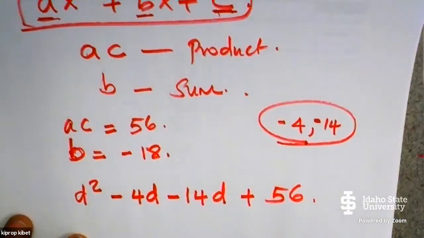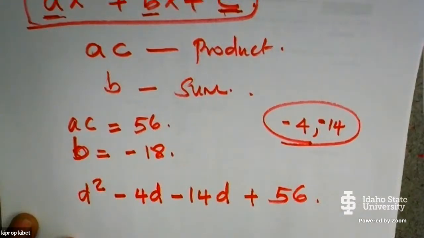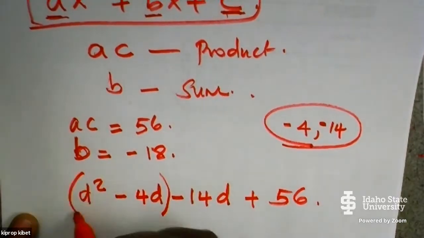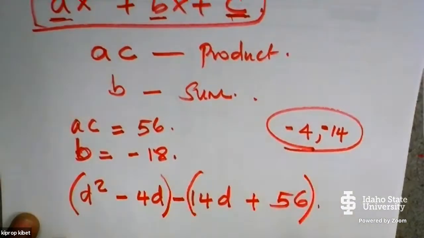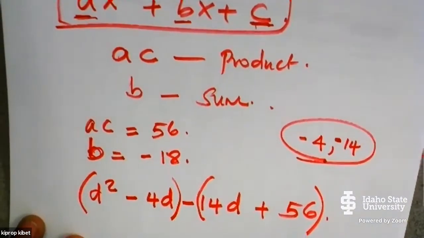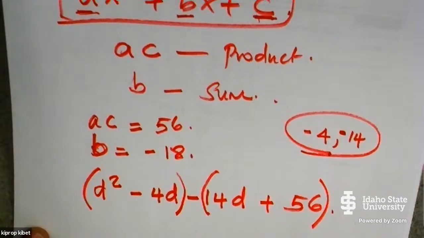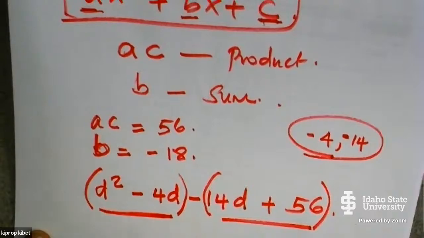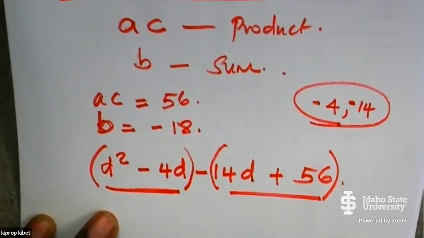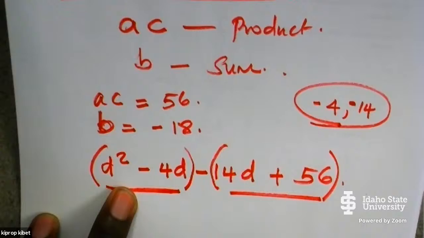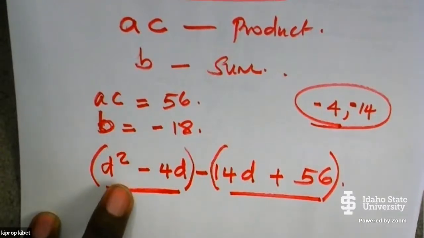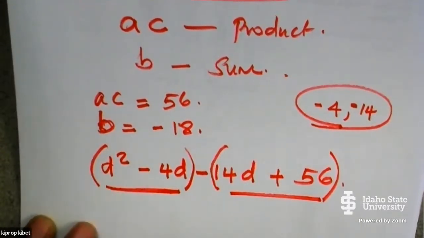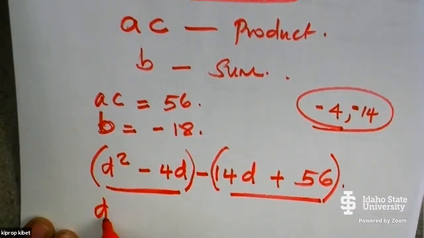Then what do we do? We now group it. You remember what we did on Wednesday? We group the first two terms and also the last two terms. Then we factor out the greatest common factor, which here is d.